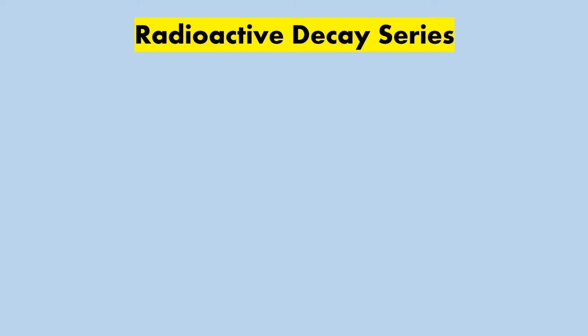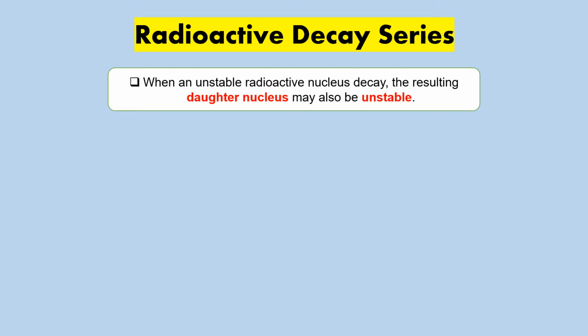Now, we will continue our lesson with radioactive decay series. So, what is radioactive decay series? When an unstable radioactive nucleus decays, the resulting nucleus may also be unstable. Before this, we learned that unstable parent nucleus produces a daughter nucleus which is stable. However, in this situation, the daughter is still not stable.